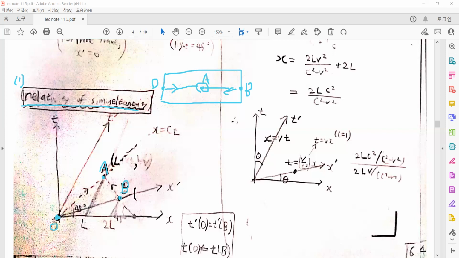So it is represented like that. The light goes along the path of 45 degrees because we said already this is equal, and 45 degrees from B to A.